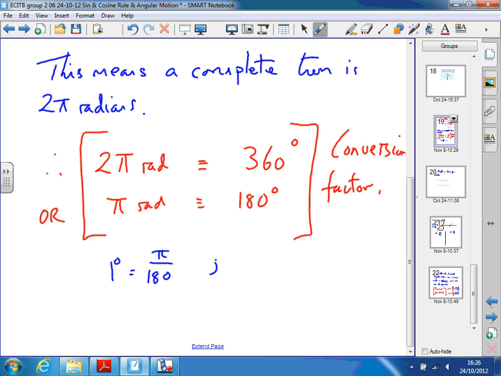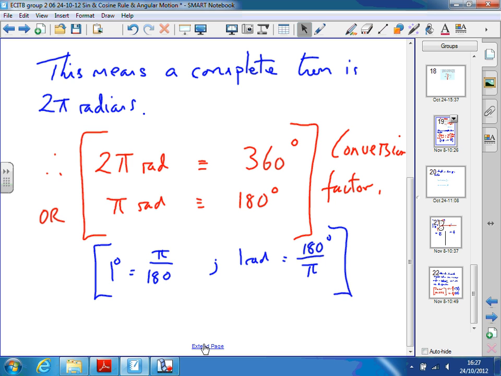Similarly, what would 1 radian be? If pi radians is 180 degrees, what's 1 radian, or 1 rad? It'd be 180 degrees divided by pi. That needs a bit of thought. If that's not obvious to you, you need to think about it, because otherwise you're always going to struggle to convert from one to the other.